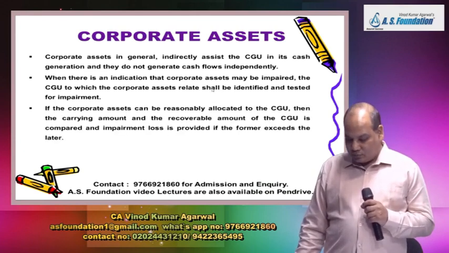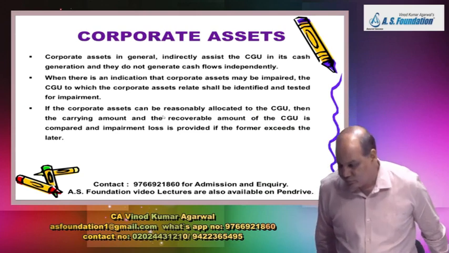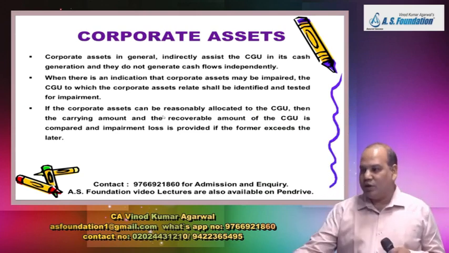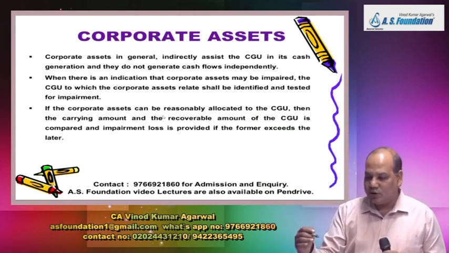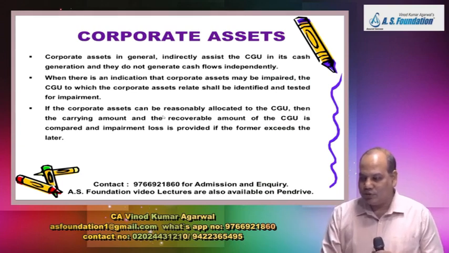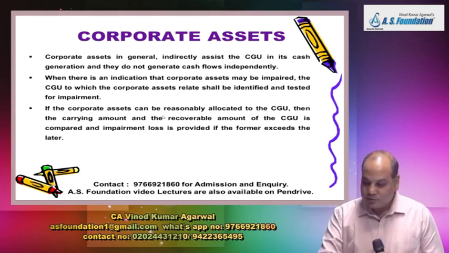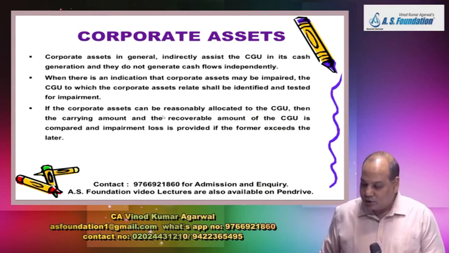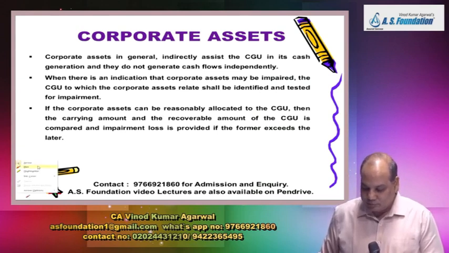So if you can allocate it on a reasonable basis, then first allocate the CA, corporate asset, to CGU and then provide the impairment loss.